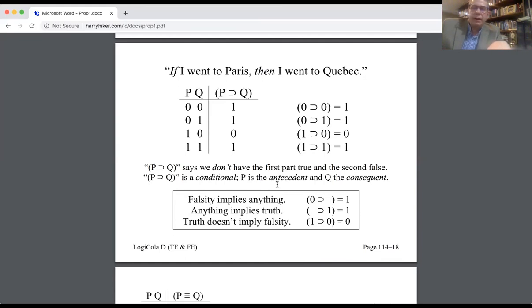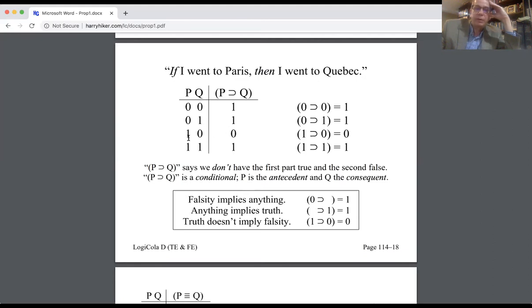So anything implies truth. If you have the second part true and the first part false, it's going to be true. If you have both true, it's going to be true. Oh, I think I misspoke. So again, if the first part is false and the second part is true, it's true.